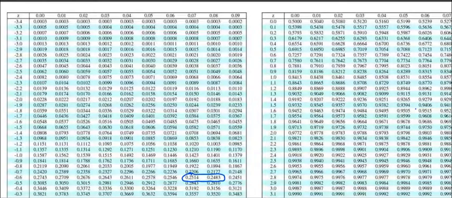And so really the 0.2514, the 25.14% is a little bit closer. So I'd probably go with the negative 0.67 for my z-score. Really, it's almost right in between these two z-scores where we'd find that. So if you wanted to do something like negative 0.675, that would be okay.